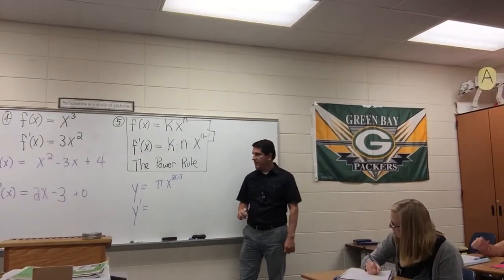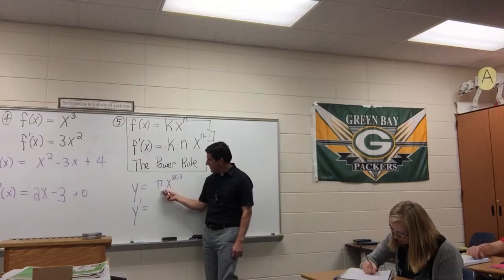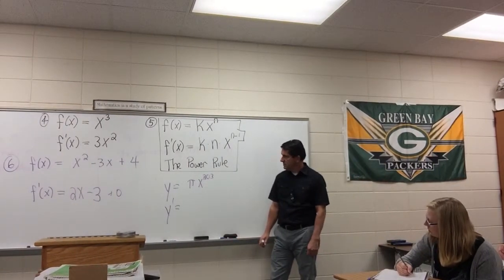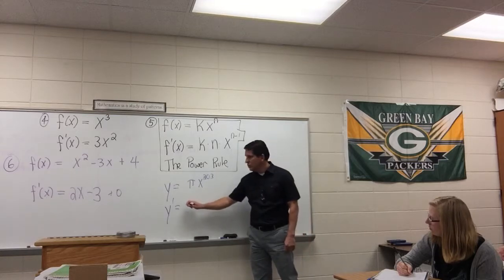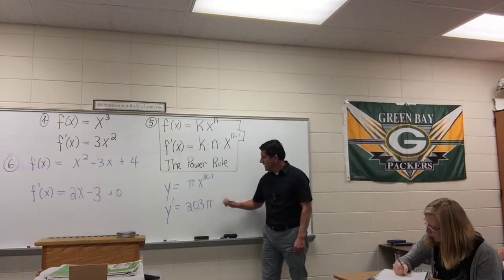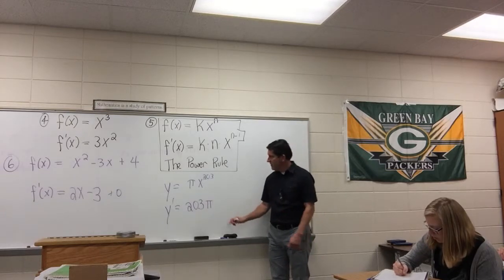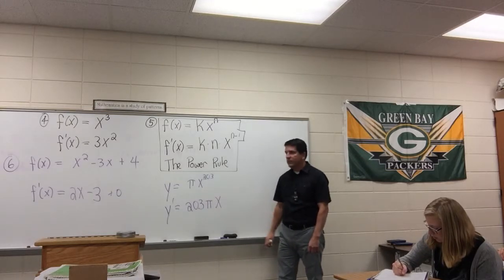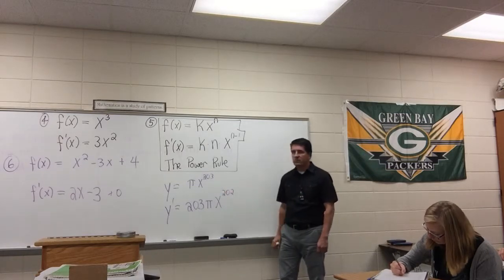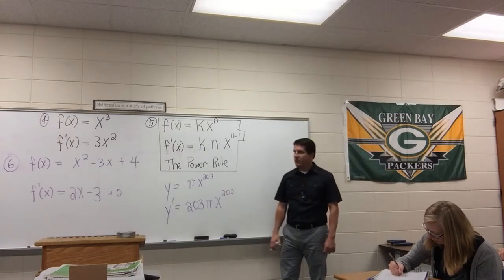And you've seen that on the other ones. So what is the derivative? 203 times pi, the order there doesn't matter, times x to the 202. Piece of cake.